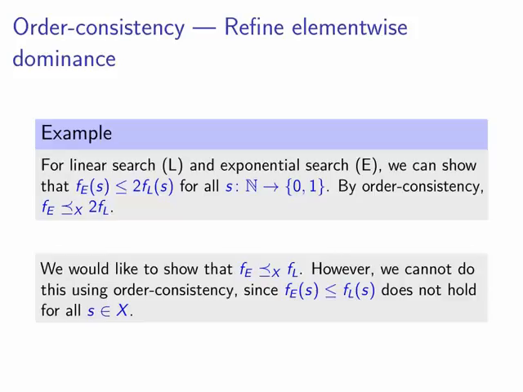We would like to show that the cost function of exponential search is dominated by the cost function of linear search. However, we cannot do this yet, at least by order consistency, because there were those two exceptional sequences.